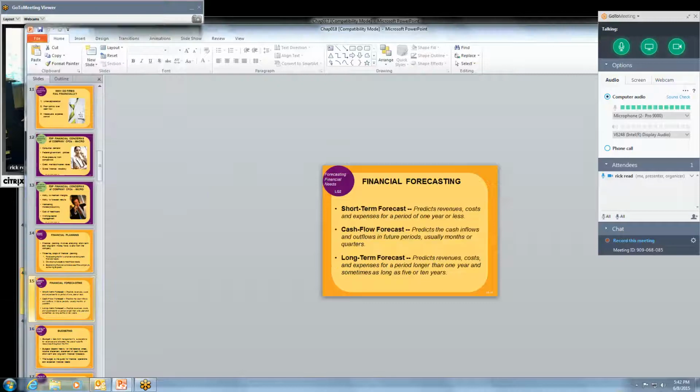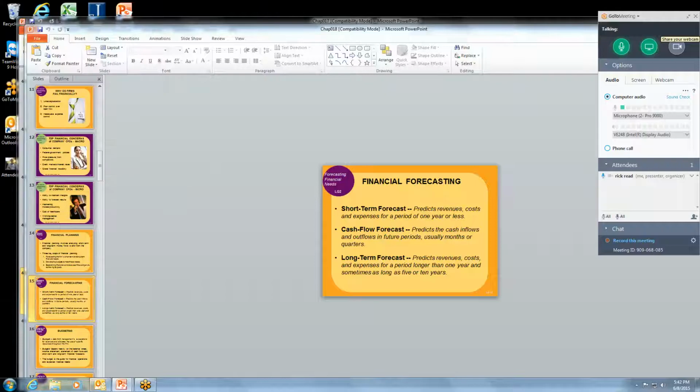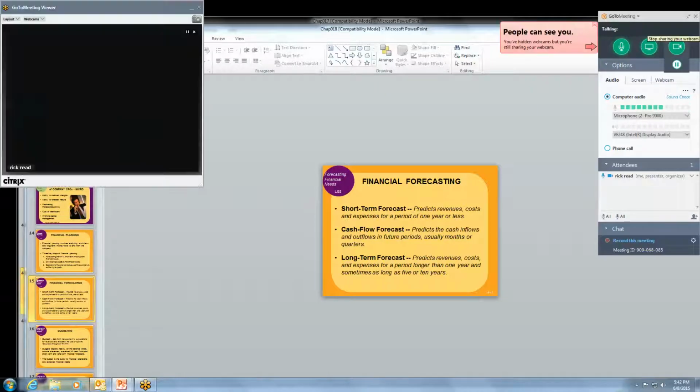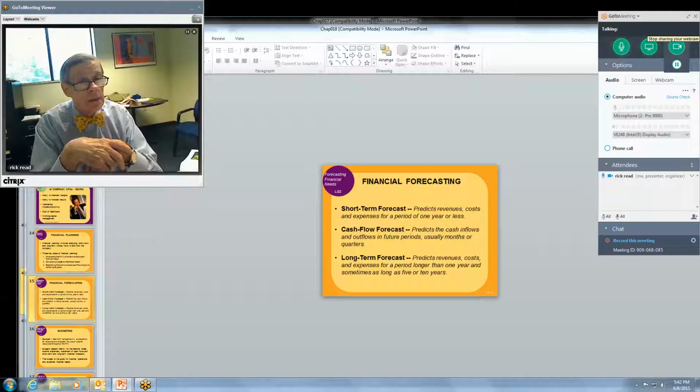Now that's the planning part. This is the difficult part. This is the forecasting. And you remember I talked a few minutes ago about short-term being 1 year or less. That's the short-term forecast where we think we're going to be. Cash flow forecast, usually done in shorter periods of time. Notice it says months or quarters.